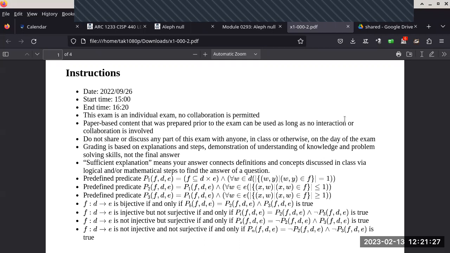These rules would apply to you as well, other than the time and the date. You can bring anything that is on paper to help you, but you cannot rely on something that is on paper but generated by another person in class during the exam. Because I thought about that too.